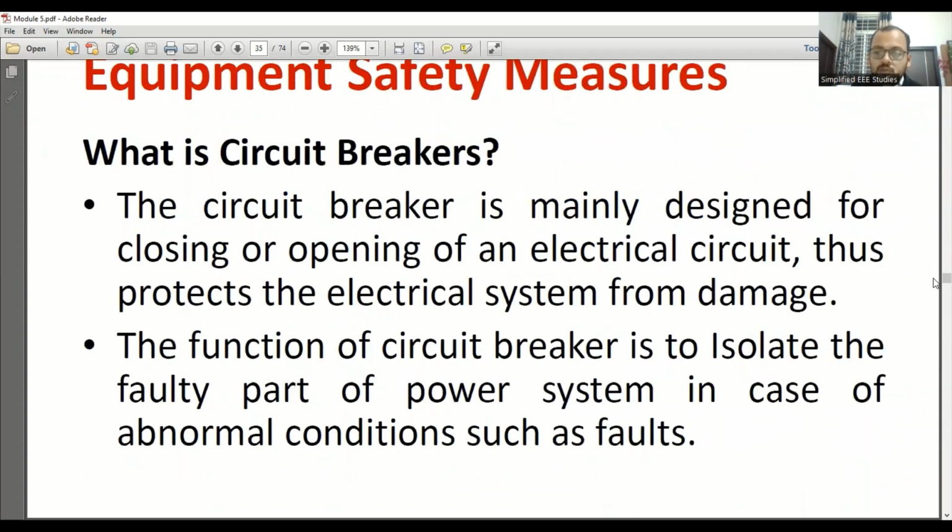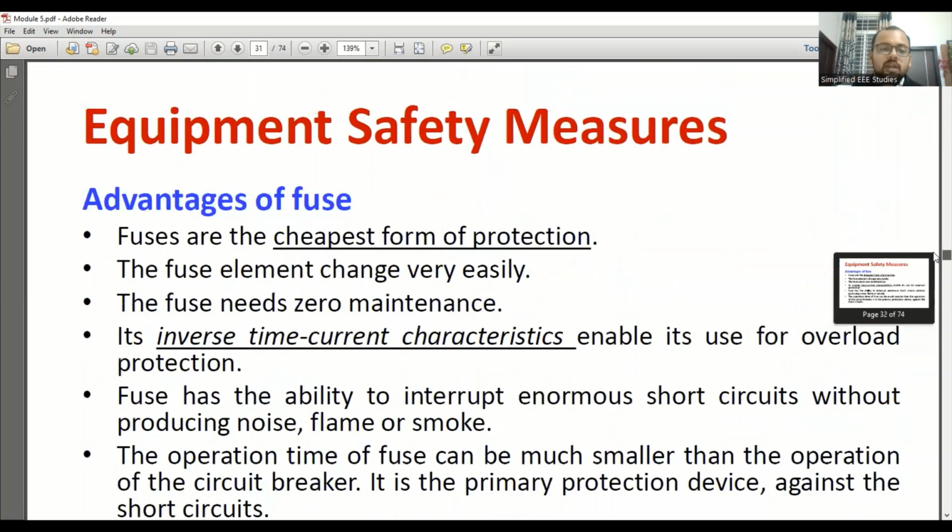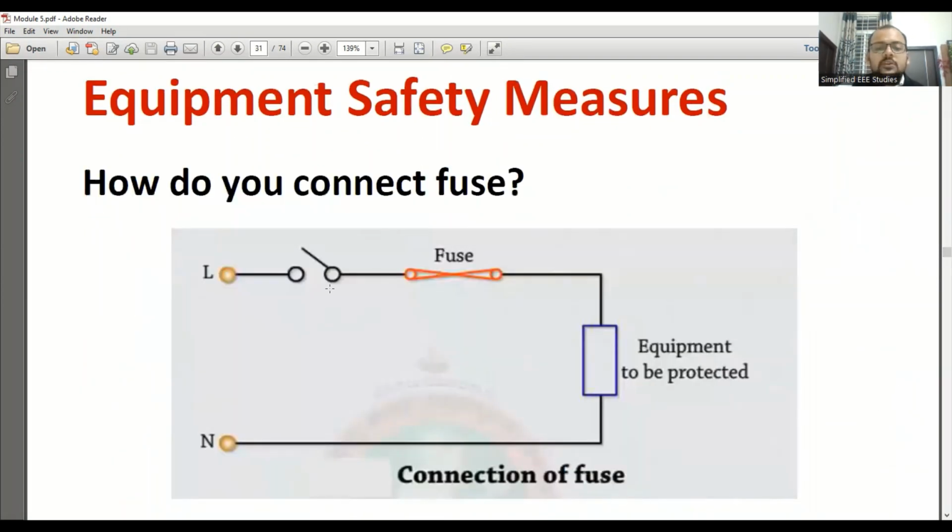Then regarding the fuse, what information can you add? If necessary, you can draw this particular diagram. From this diagram, we come to know that fuse is always connected at the line or phase terminal. Fuse is never connected at the neutral. Then the current rating of the fuse is very important.